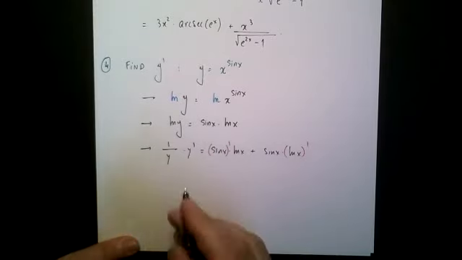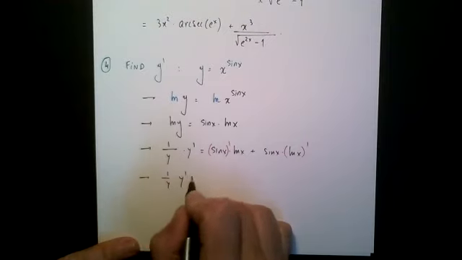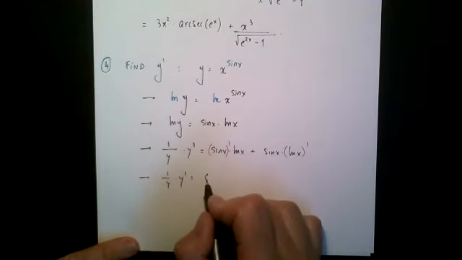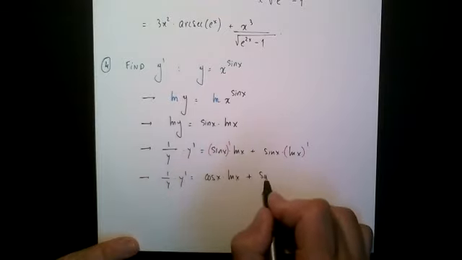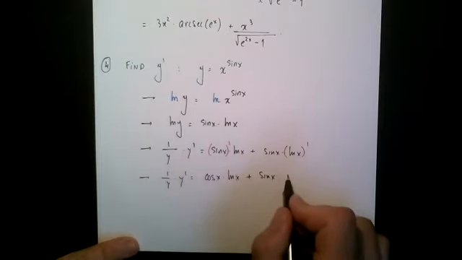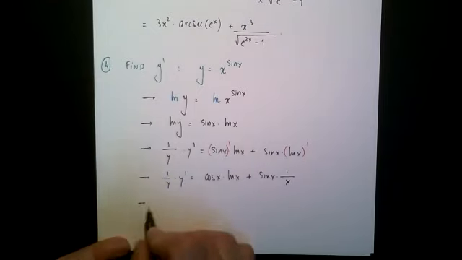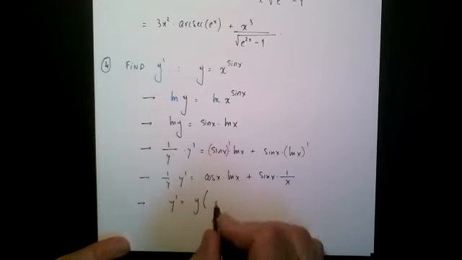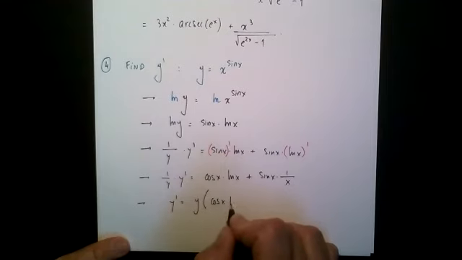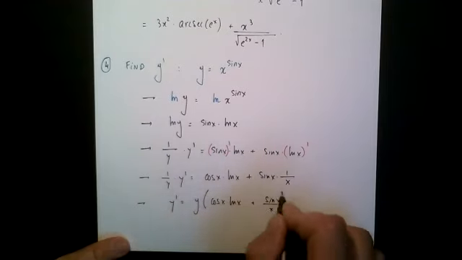So let's do the derivative here. 1 over y times y prime equals derivative of sine x, which is cos x, times ln x plus sine x times derivative of ln x, which is 1 over x. And now I could isolate y prime. So y prime is equal to y times all this: cos x ln x plus sine x over x.